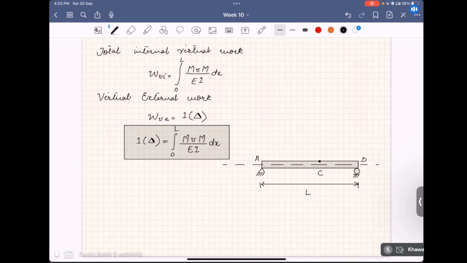What we will do is apply a unit moment at that point. At point C, we will apply a unit moment in the direction we are assuming the slope will occur in our beam. So a unit moment of 1 kilonewton meter.